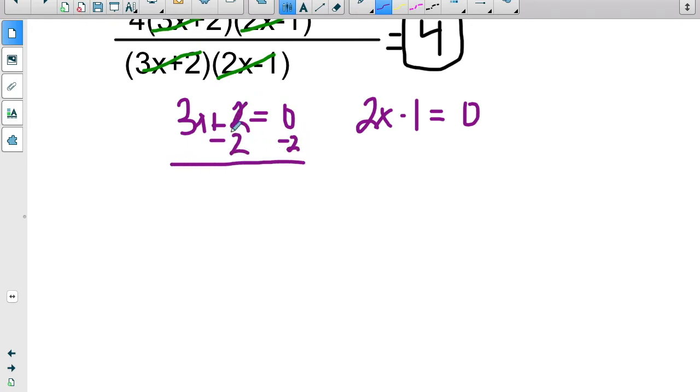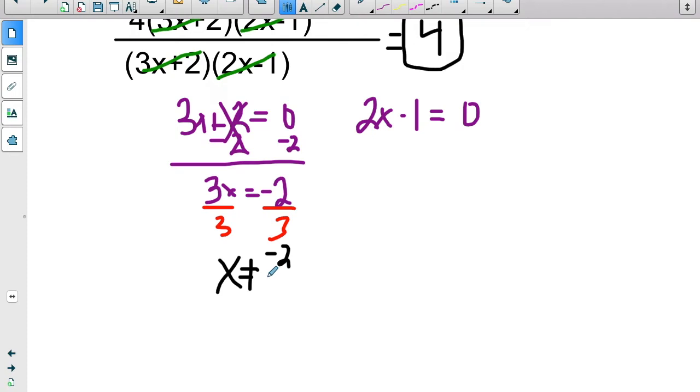And when I subtract 2 from both sides, these will cancel, leaving me with 3x is equal to negative 2. At which point we can divide both sides by 3. And we see that x cannot equal negative 2 thirds.